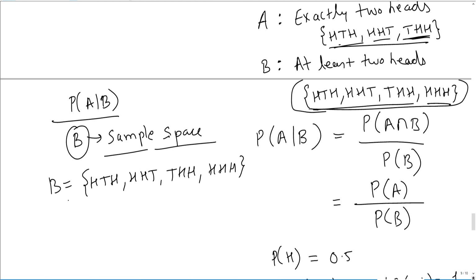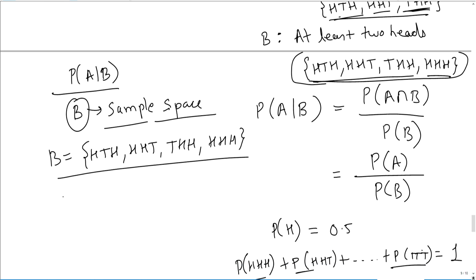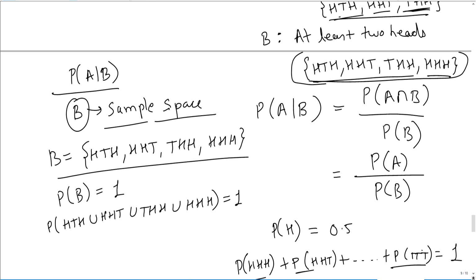So, if this is your sample space, then if you apply the second axiom, it would say that the probability of B is equal to 1. That is what the second axiom says, right. More precisely, the probability of HTH union HHT union THH union HHH is equal to 1.